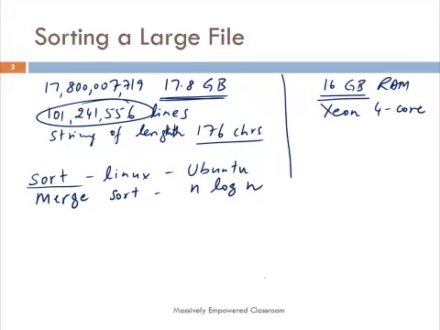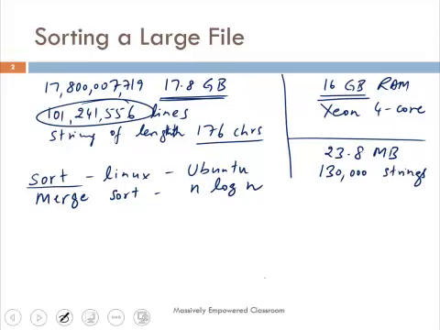We took a smaller file, about 23.8 megabytes, a small subset of that. It's much smaller than 17 GB, and it had about 130,000 strings, much smaller than the 100 million. We sorted this using the same sort command, and it finished in 2 seconds. It was extremely fast.